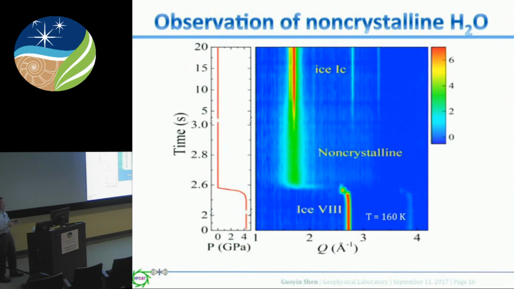Sometimes I use liquid, sometimes I use non-crystalline ice, because what we can really tell is that it is non-crystalline. Whether this is a liquid is a question that we have been asking. One thing that we can measure is the growth rate of ice 1.